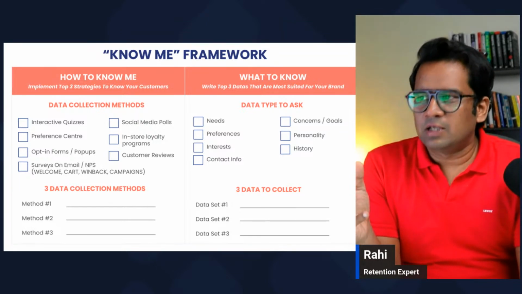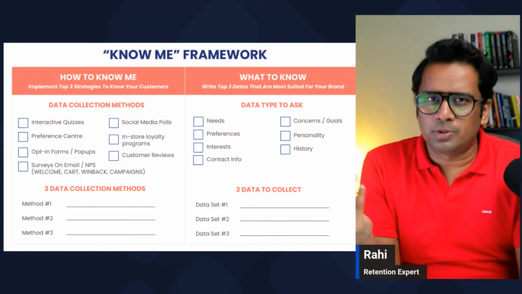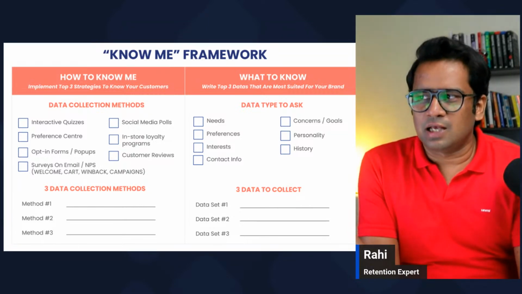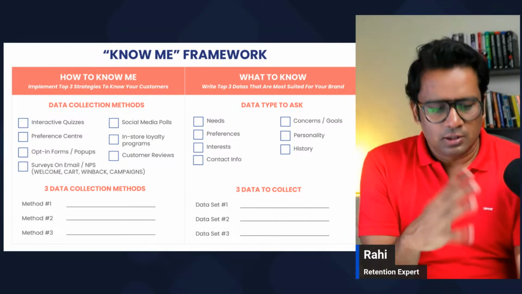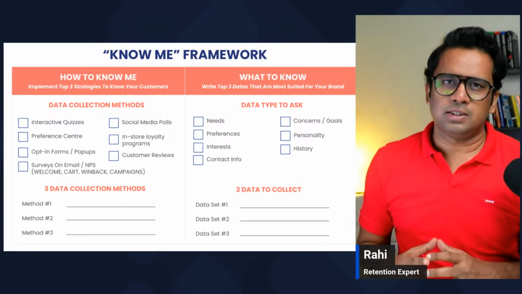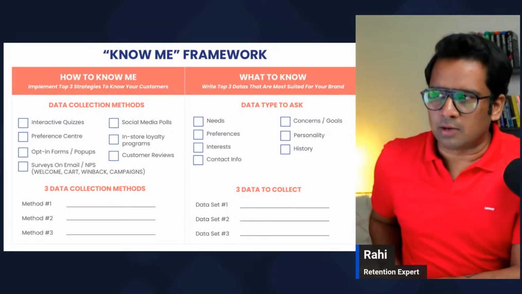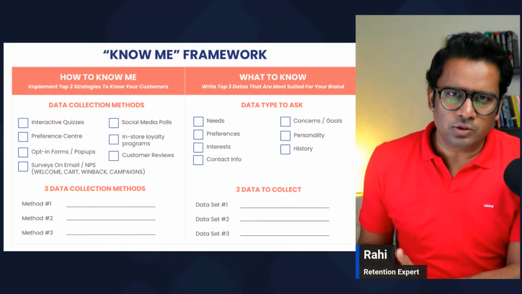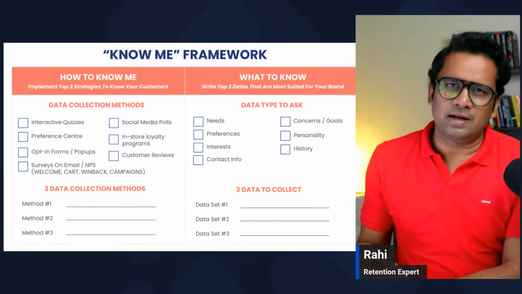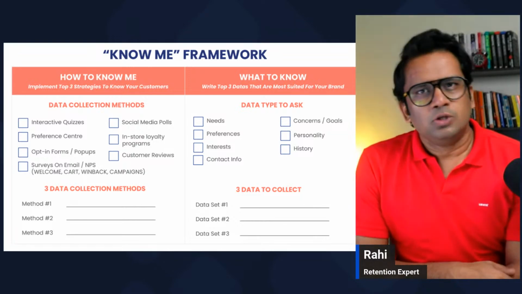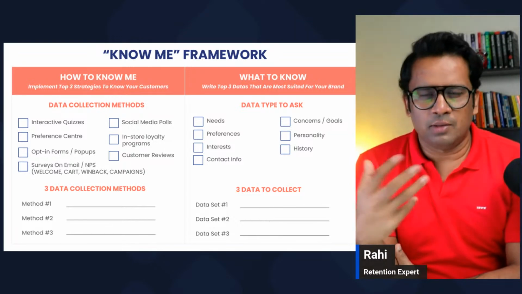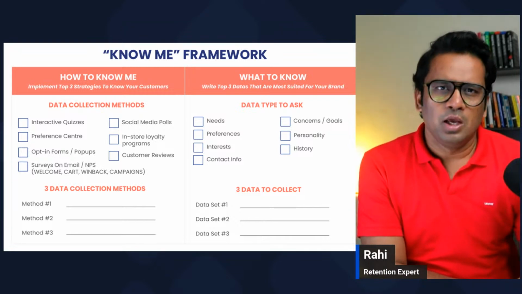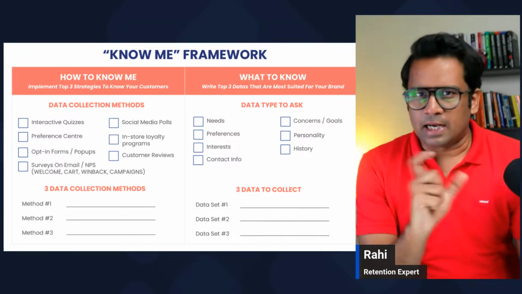And in our experience, we have seen the most success with opt-ins, quizzes and surveys on the email. Then if you get to a bigger scale, you can always go into a loyalty program. Social media is also relevant, but it's very tough to get that data back into the CDP. If you run a poll on Facebook, it's very tough to import that data back into your system and map it rightly with the customer.